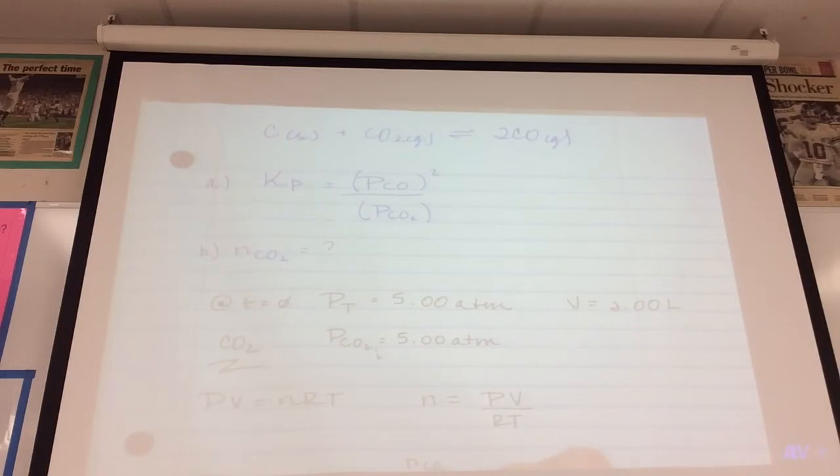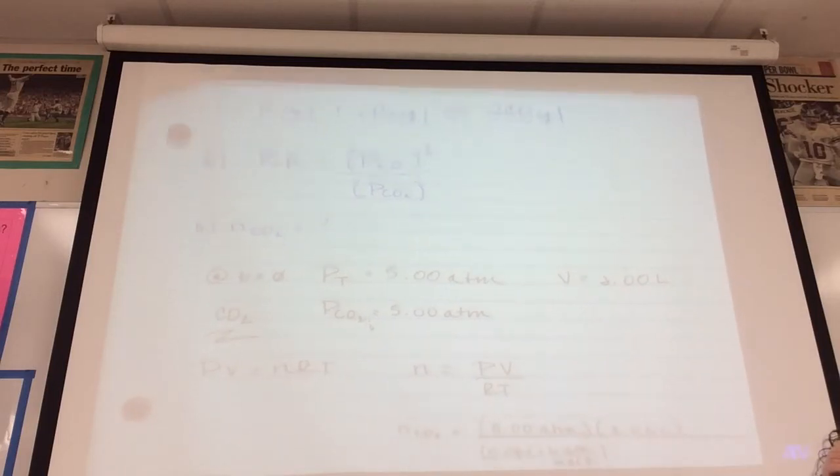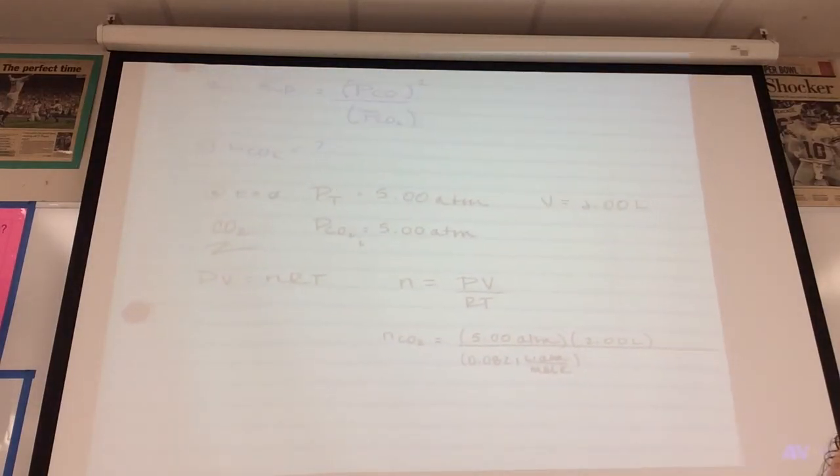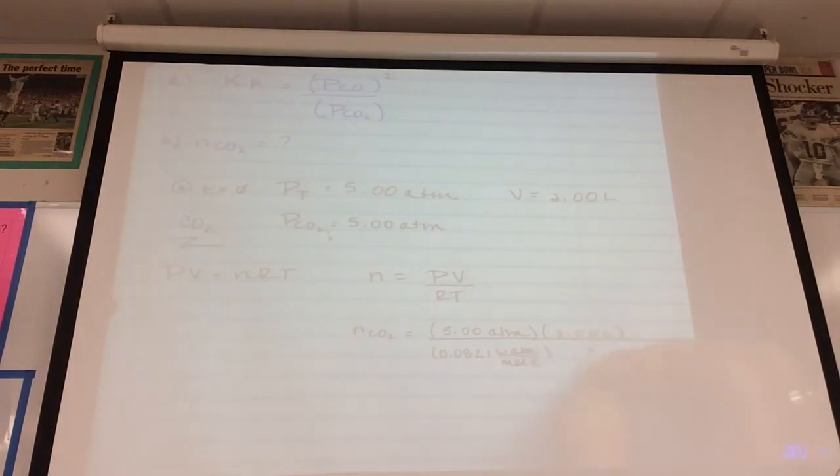So the moles of the gas is going to be the pressure times the volume all over the R. Am I too low? I'm always so little. All right, there we go. And we said the temperature was what? 1160 Kelvin.